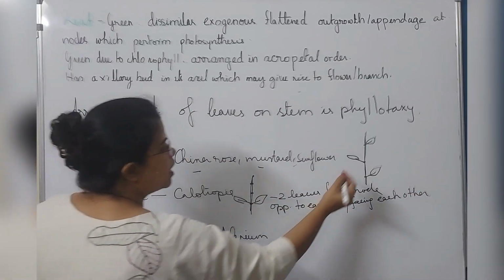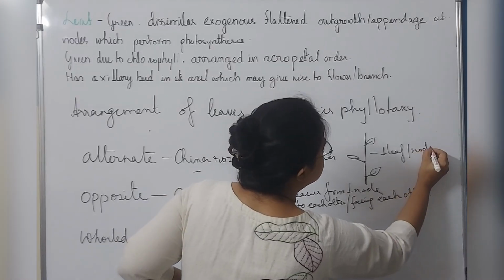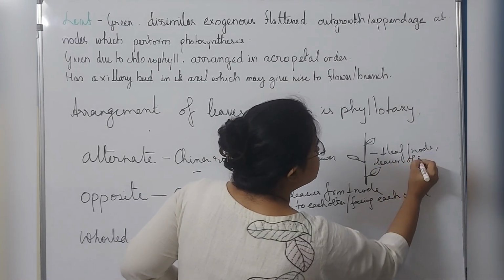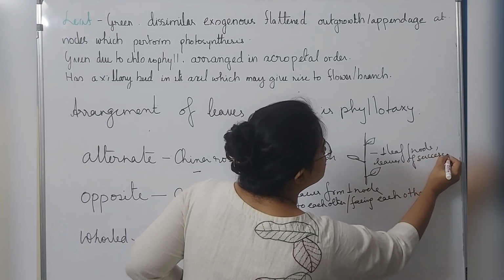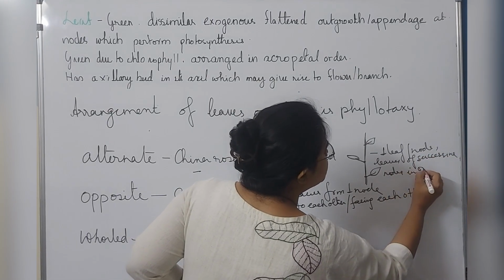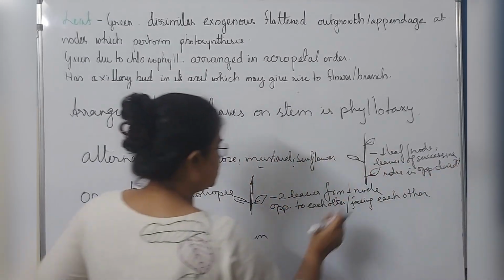This is opposite. यहाँ पे 1 leaf per node. Leaves of successive nodes in opposite direction or orientation, right?